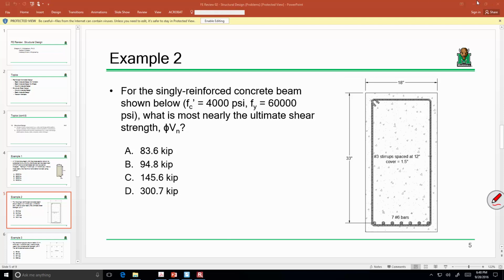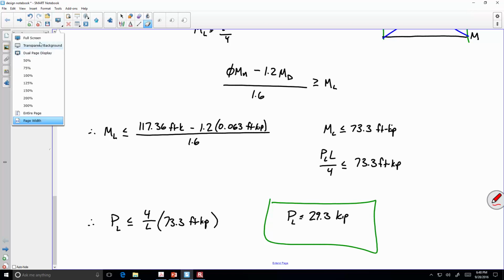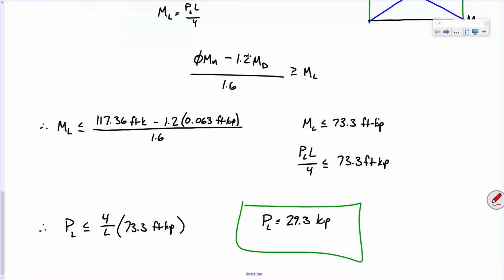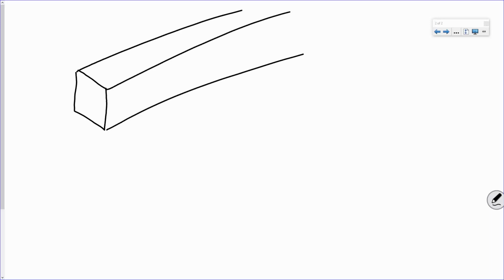Okay. So now you're going to test my three-dimensional artistic abilities here, so I'm going to do my best. If you've got a beam and it goes like this, right? Okay, so we'll say that here's the supports, something like that.